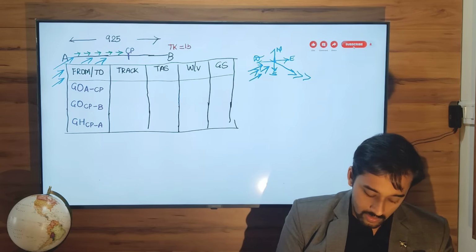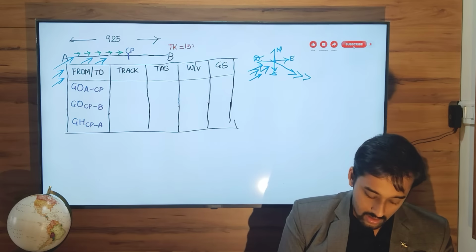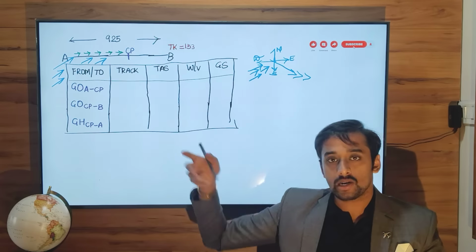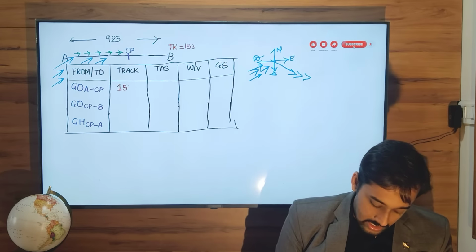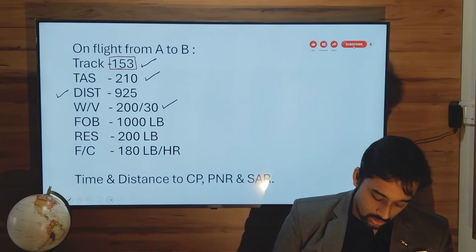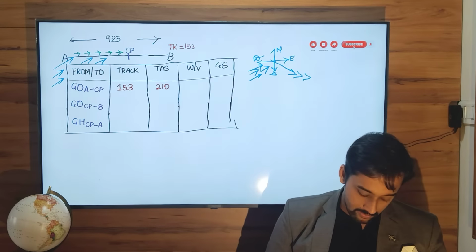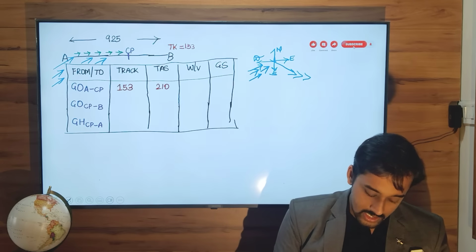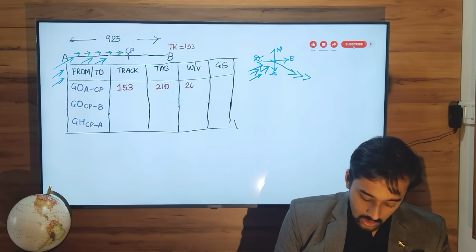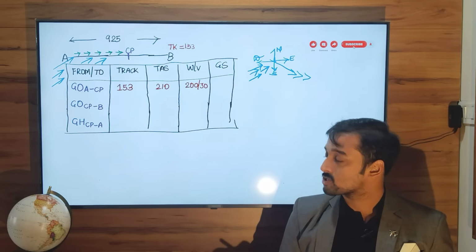So when you're going from A to CP, your track will also be 153. Next, what is the true speed given to you? 210. What is the wind velocity given to you? It is given 200 at 30 knots. They have asked you the ground speed.